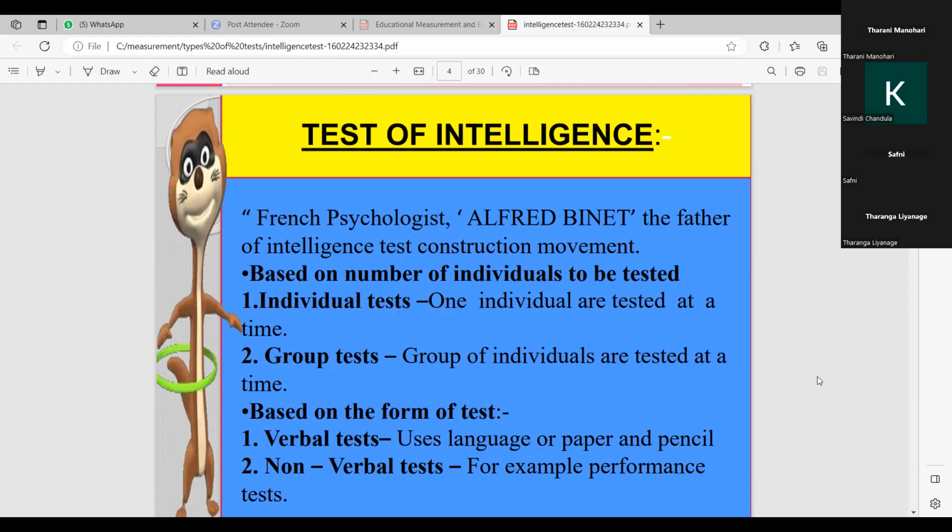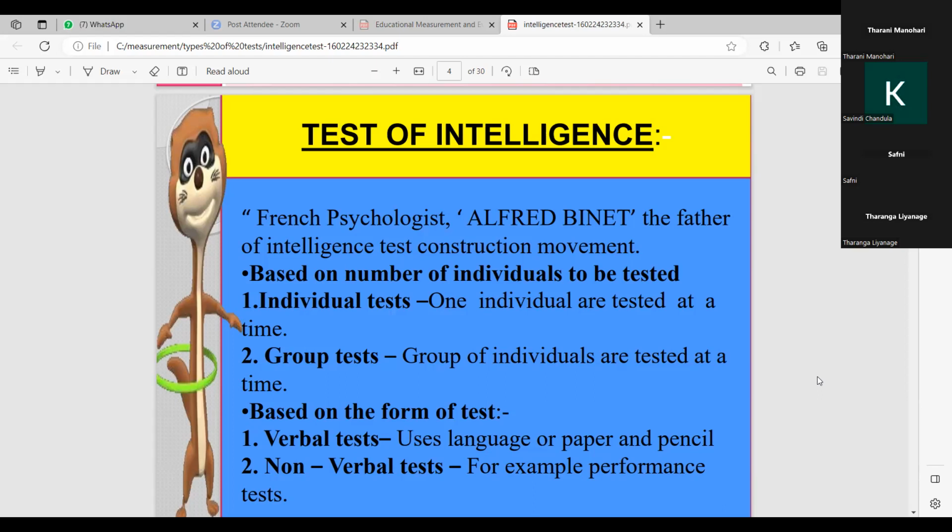Based on the form of tests, there are verbal tests, which use language or paper and pencil. So, verbal tests can be either written or oral. You can give written questions. At the same time, you can give oral tests. You can ask questions and conduct a test.